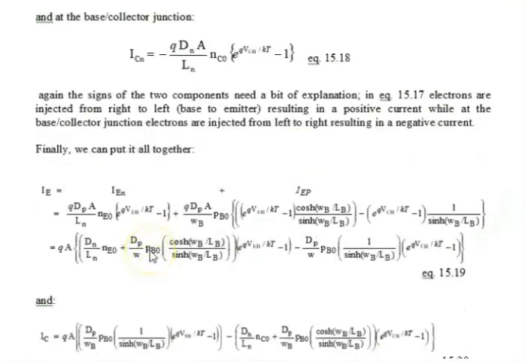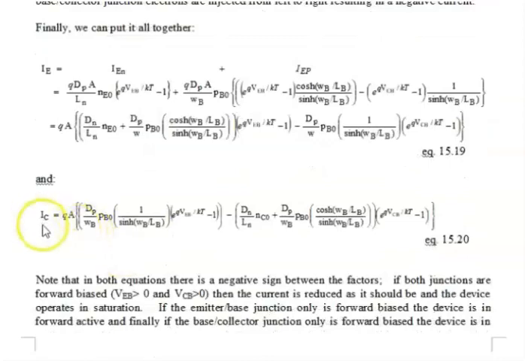So if we put these electron components in, we have the total current at the emitter base junction equal to the electron component plus the hole component. So we just add this extra term right in here, and here we're just collecting terms. Basically the second line is just the first line with some terms collected, and we can do the same thing at the collector.